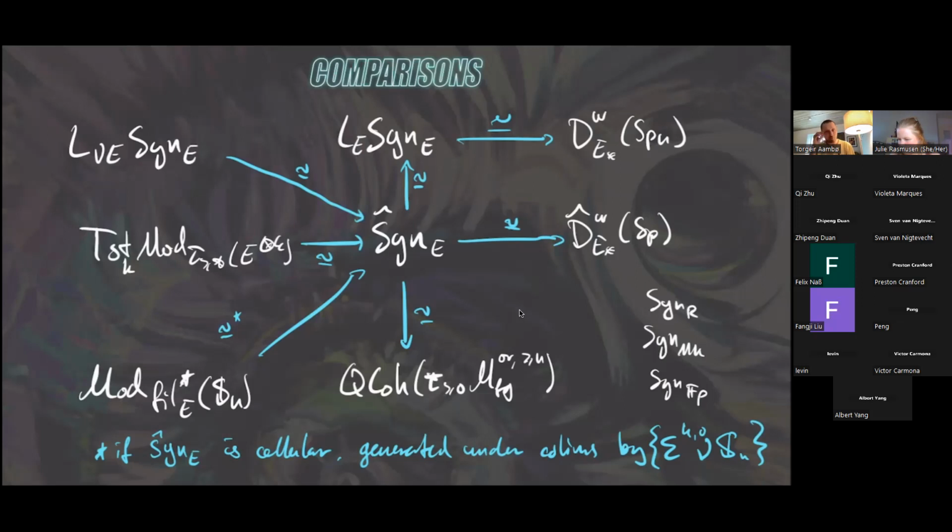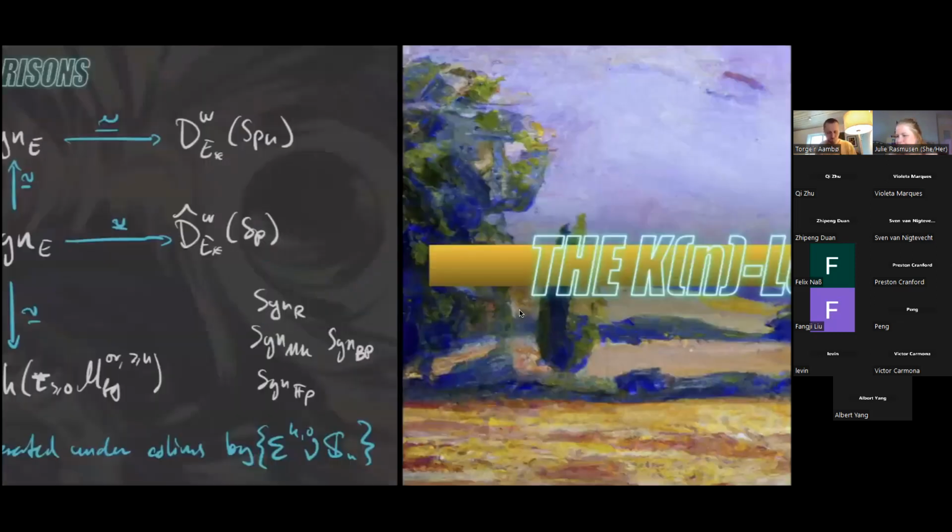This is a recent proof by Taylor-Lawson. So since MU and also BP, for those who know what these guys are, are very related to this guy, I also highly expect that this guy will be cellular. But the proof escapes me so far.